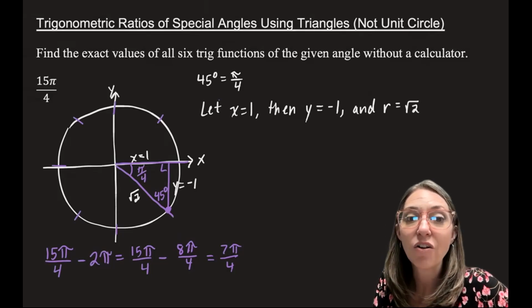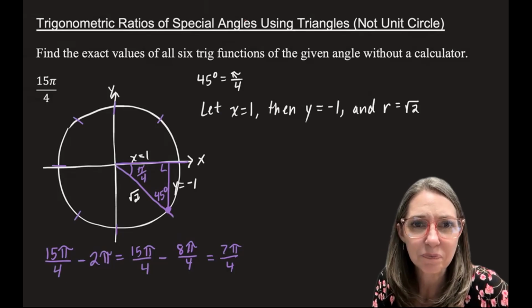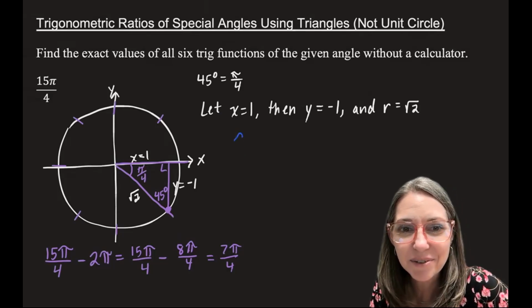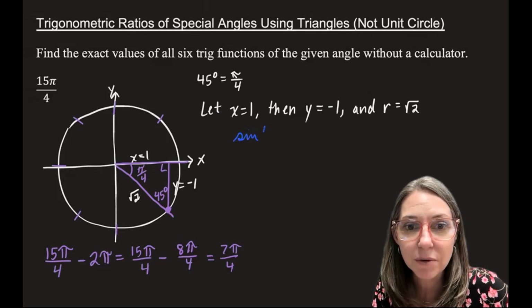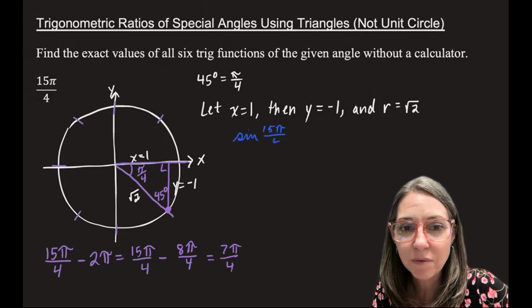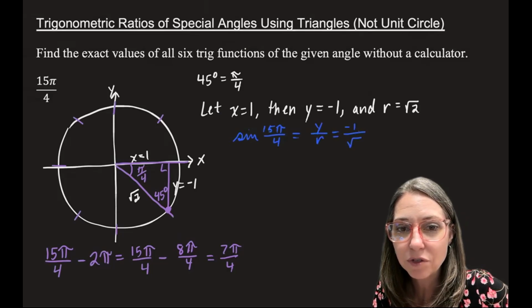So let's find all the values. Let's do this in blue. It said find sine of 15 pi over 4, so sine of 15 pi over 4 equals y over r, which is negative 1 over root 2.